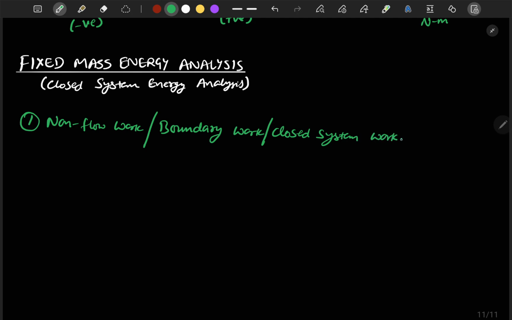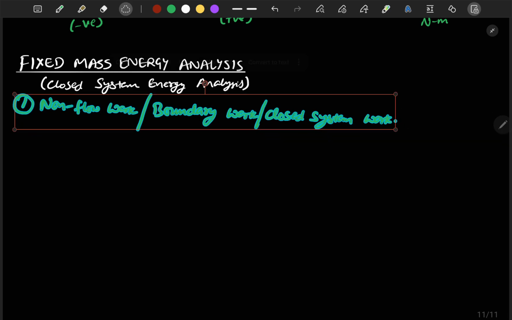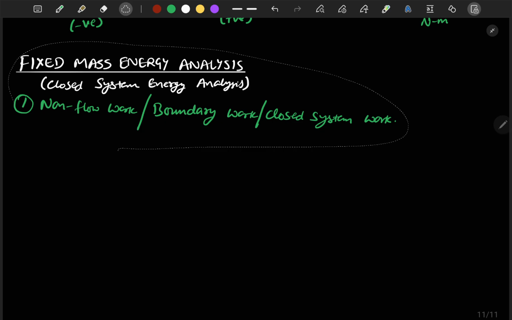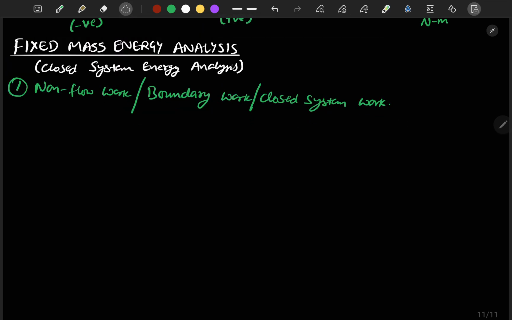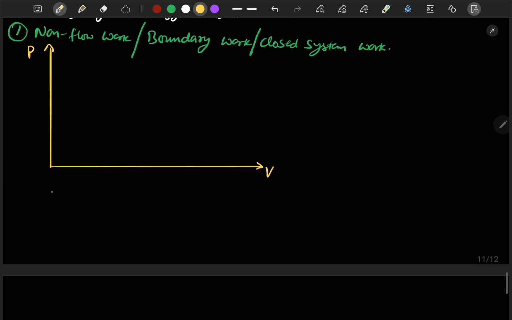Okay, so let's take an example. Let me draw a PV diagram for you. PV diagram. And let me draw a cylinder piston element here.